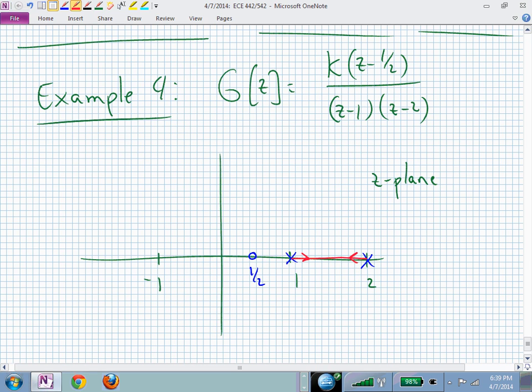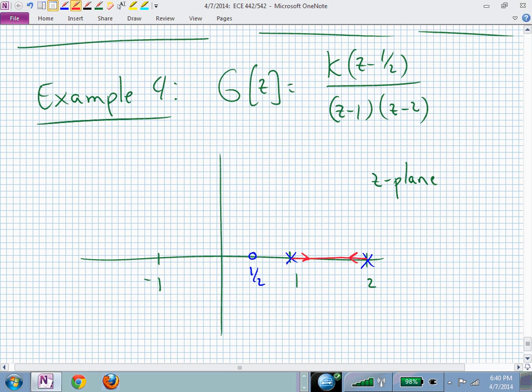Is this line segment between 1/2 and 1 on the root locus? So now you stand at 3/4 and you look to your right and you count the number of singularities. A pole at 1, a pole at 2. Even or odd? 2. That's not odd, so it must not be on the root locus. All right, so that's not going to get shaded red.